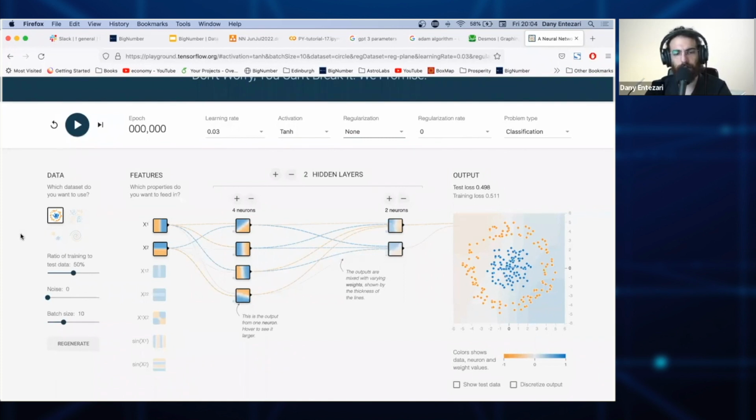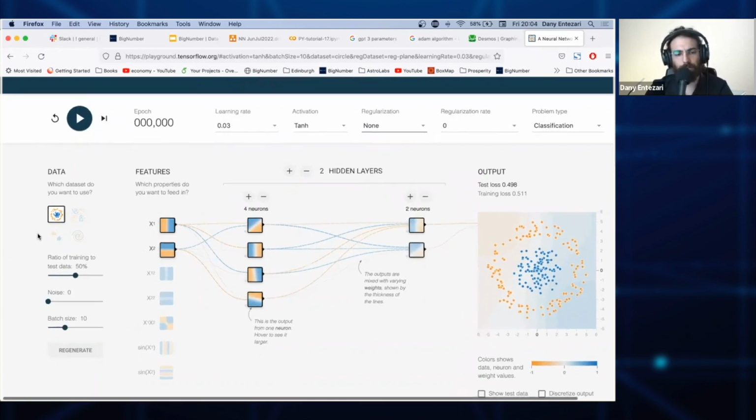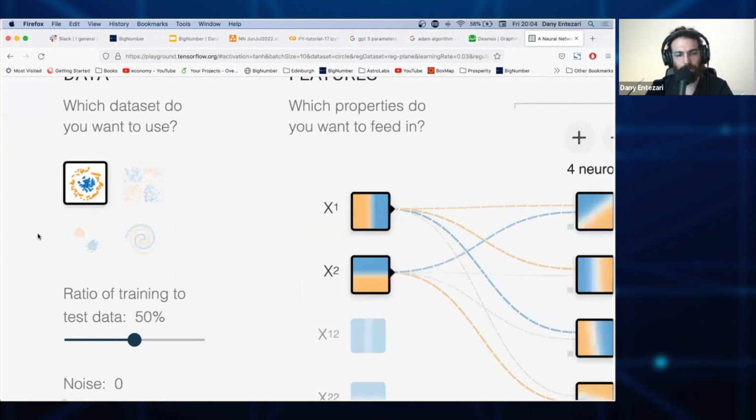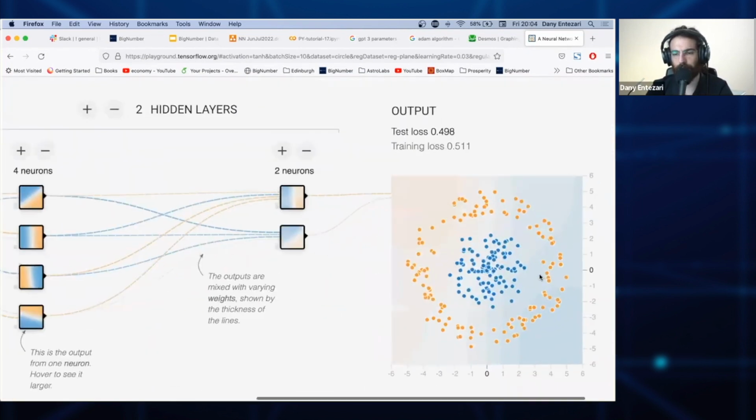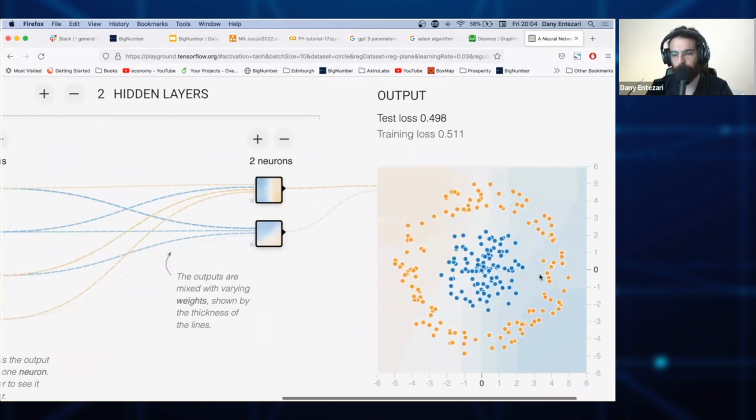And then here, to illustrate how effective a neural network is, they have chosen some very unusual shapes of data. I mean, look at this. Look at what's going on here. This is supposed to be like a scatter plot. We have 2 types of data, 2 data classes.